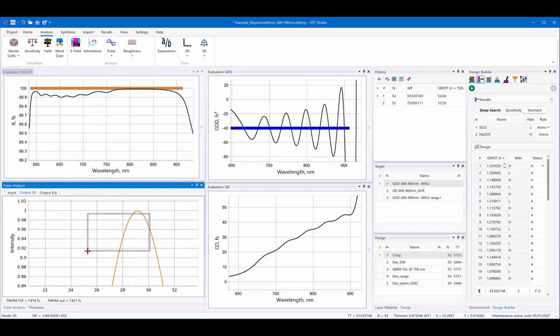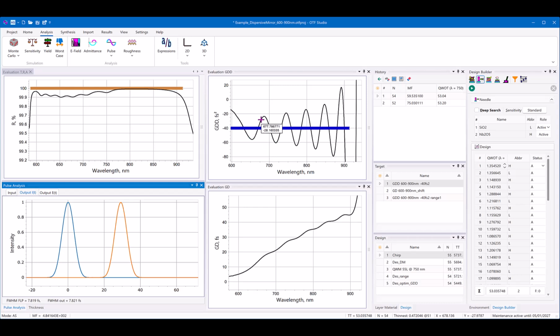So output intensity is almost 100%, although we have ripples in group delay dispersion. And the level of these ripples is about 20 femtosecond square. But due to regularity, it doesn't affect the pulse compression. This is a nice method for dispersive mirror designing.